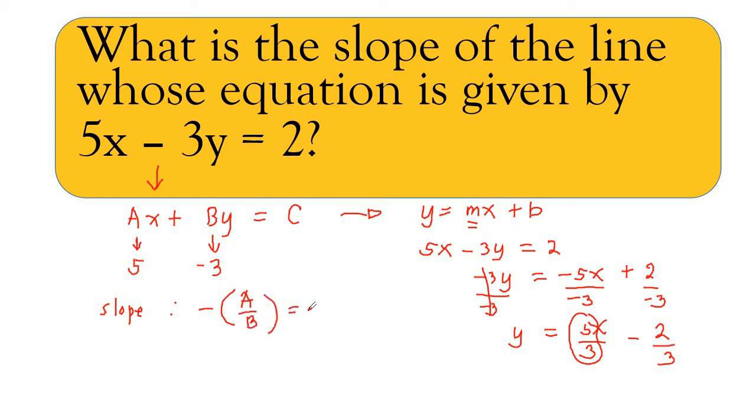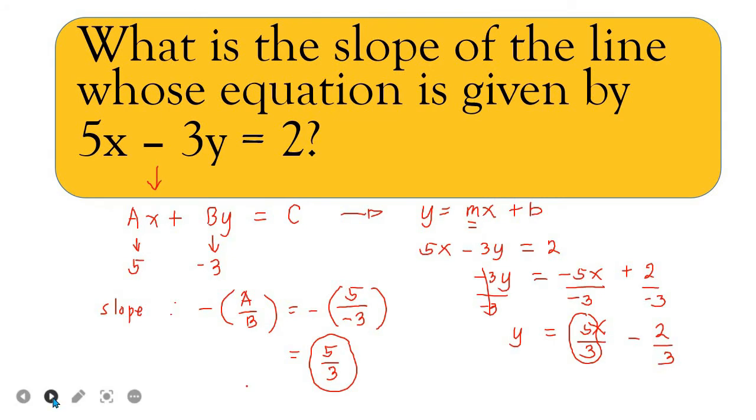So, this is equal to negative times the value of a, which is 5, over the value of b, which is negative 3. Let's simplify. Negative times 5 over negative 3, that is 5 over 3. So, we have the same result of the slope of the line.